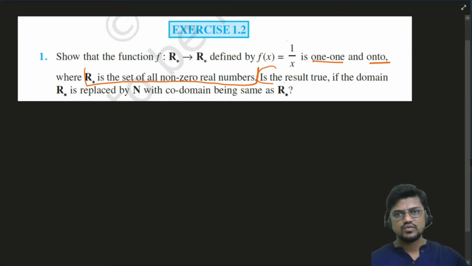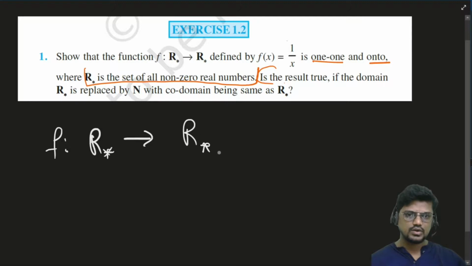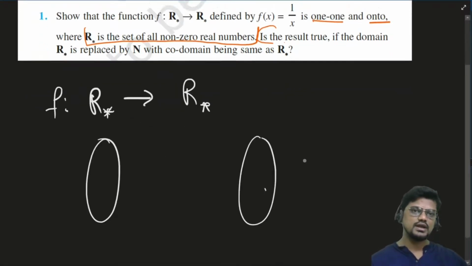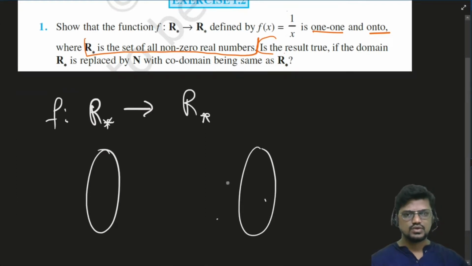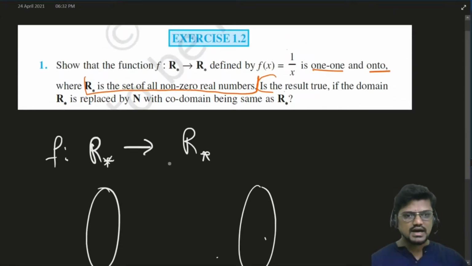The function they have given is from R star to R star. I will draw two diagrams over here like this, and your function f of x is equal to 1 by x. What is R star exactly? R star is a set of all non-zero real numbers.